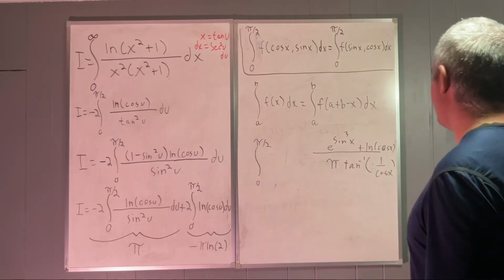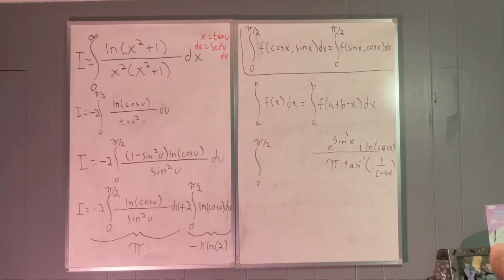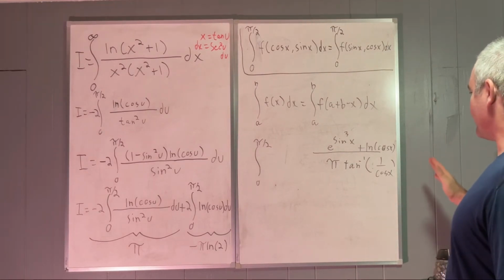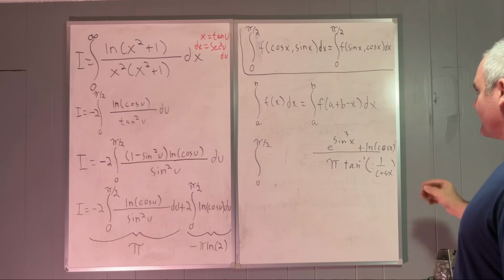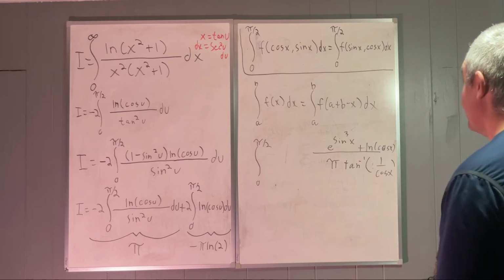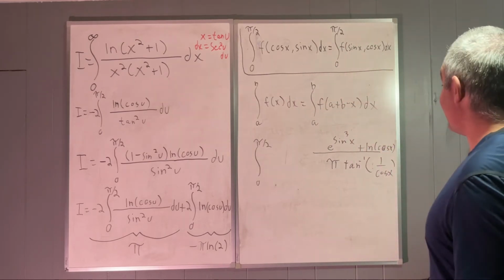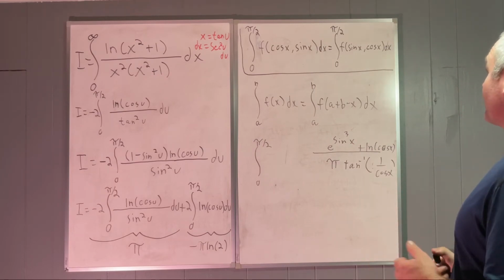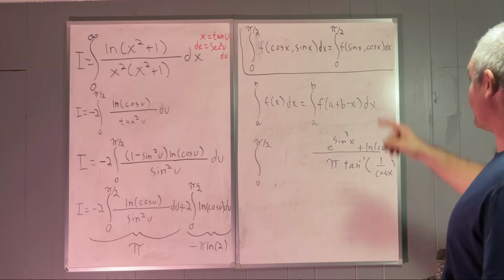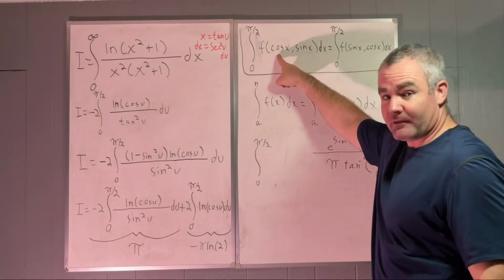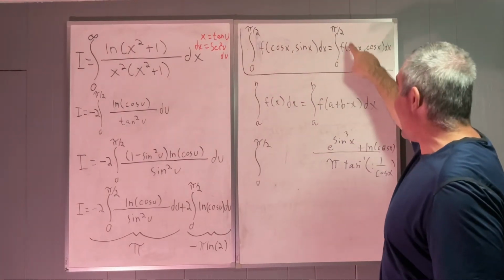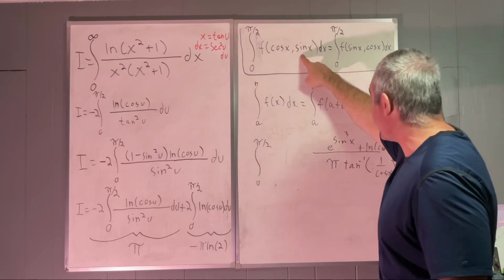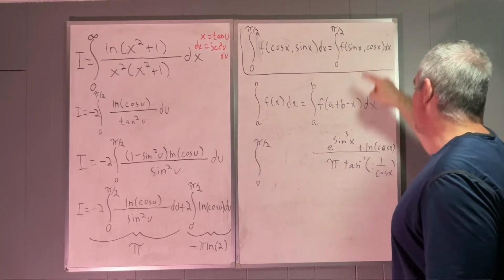So it would be a function similar to that, where everything can be written in terms of either cosine x or sine x. What it says is that if you integrate that function from 0 to pi over 2, you can literally just switch every instance of cosine x to a sine x, and you must also switch every instance of a sine x to cosine x.